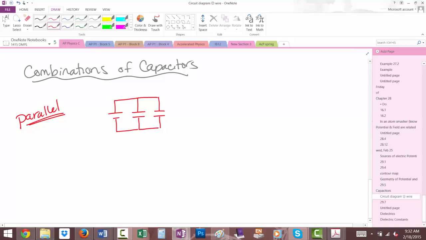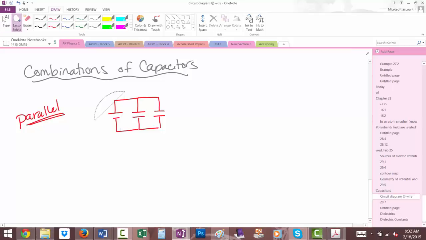They look very similar, right? You really want to make sure that your potential difference has noticeably different lengths for the two lines so that you know that that's your battery and these guys are your capacitors.